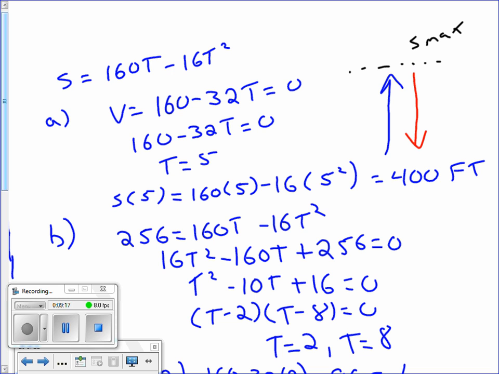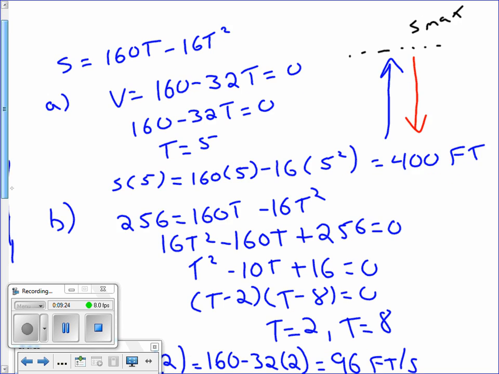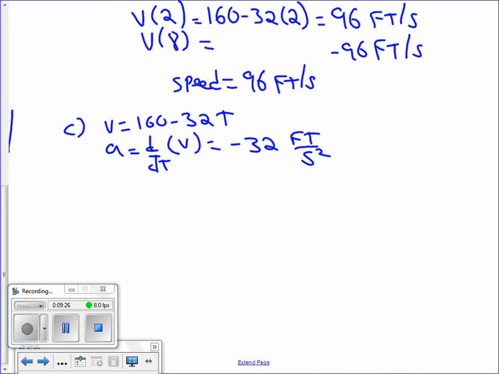We want to find the zero. So let's go through and do this. When does it hit the ground? Yeah, you want when s is equal to 0. Right, it starts at the ground, goes up, comes back down.